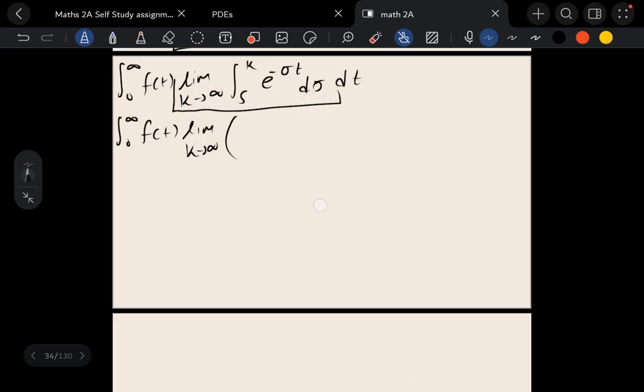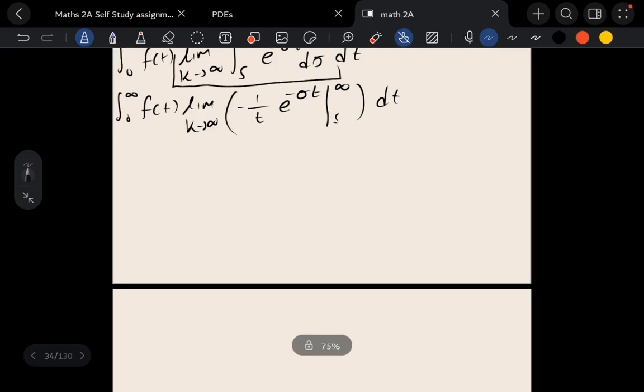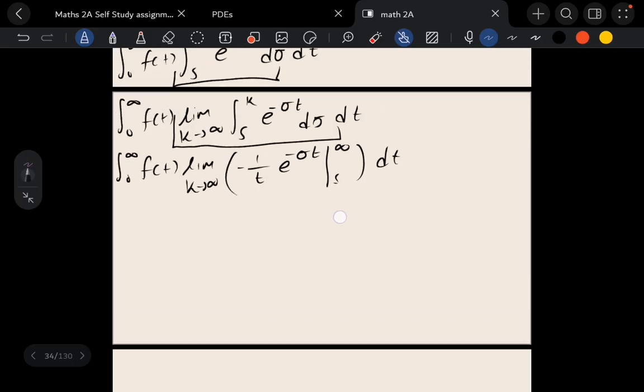That is just going to be negative 1 over t e to the power negative sigma t between s and k dt, and then substitute the bounds. It's not infinity, it's just k.